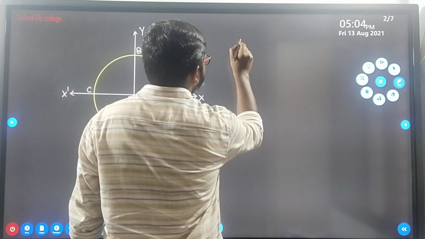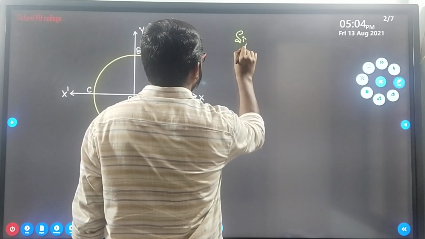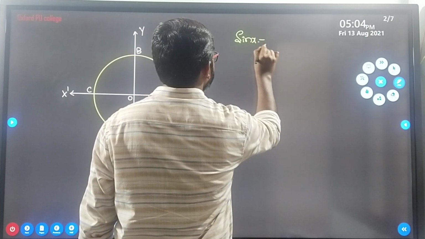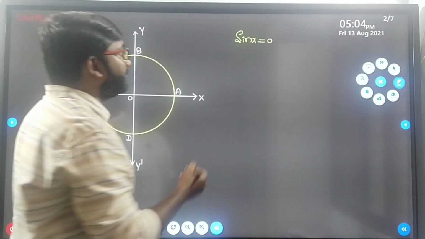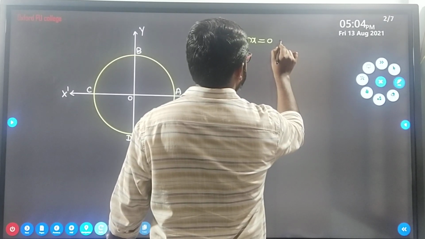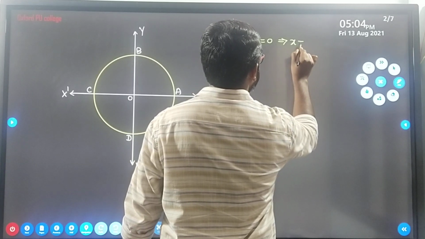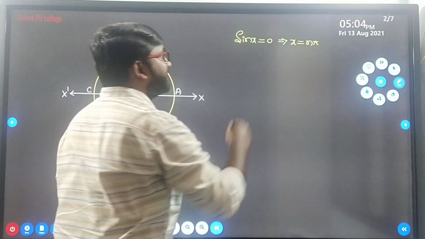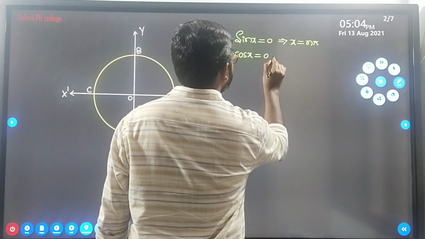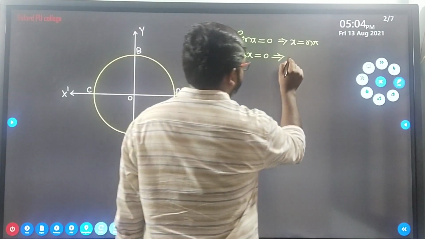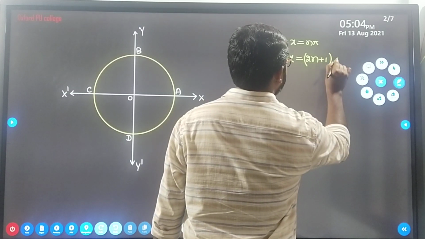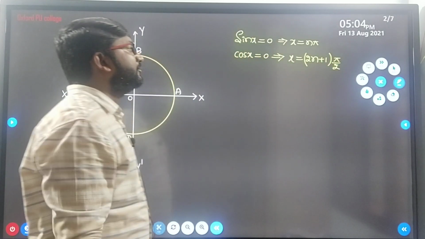Now the next set of formulas: sin x equal to 0 implies x equal to n pi, where n is an integer, and cos x equal to 0 implies x equal to 2n plus 1 into pi by 2.